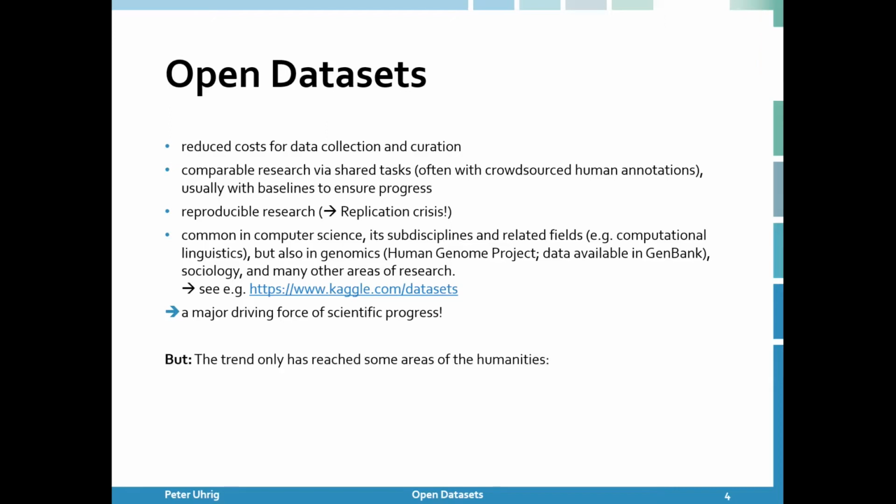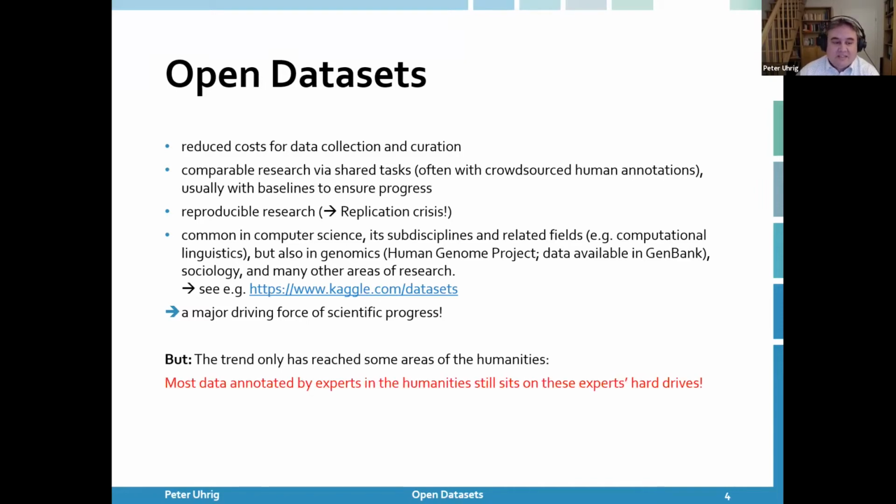Now comes the but. The thing is that this trend has only reached some areas in the humanities, and most data annotated by experts in the humanities still sits on these experts' hard drives. So for our purposes, we're interested in multimodal communication, in particular in co-speech gesture.